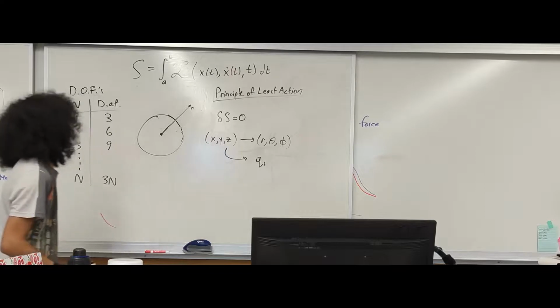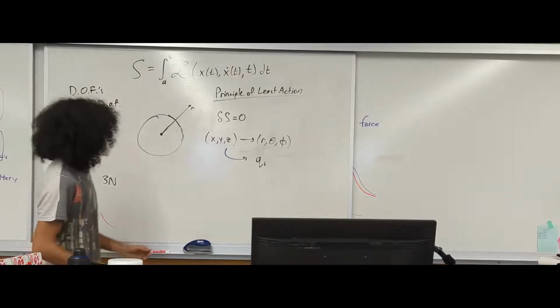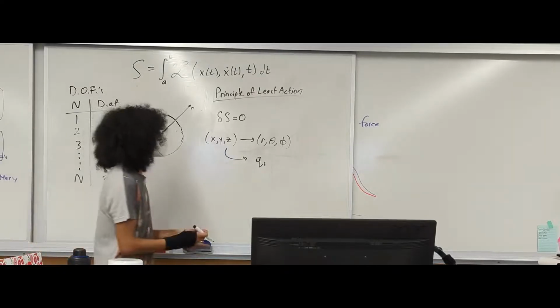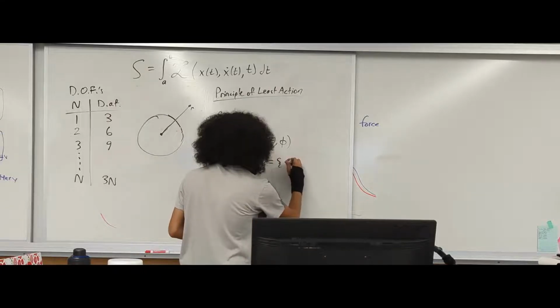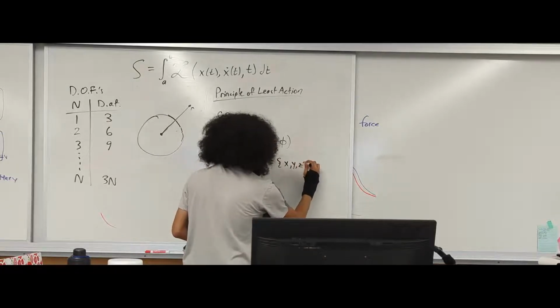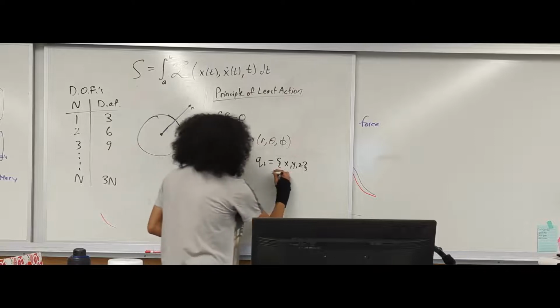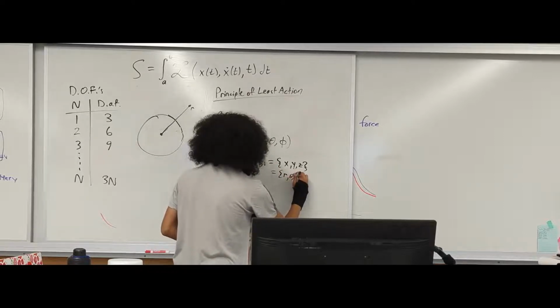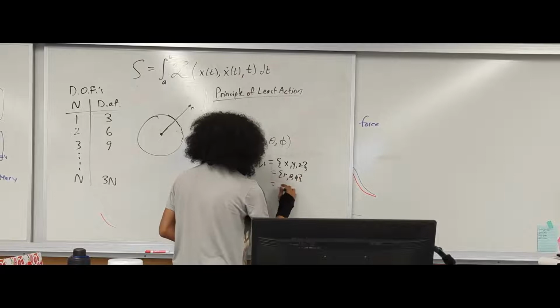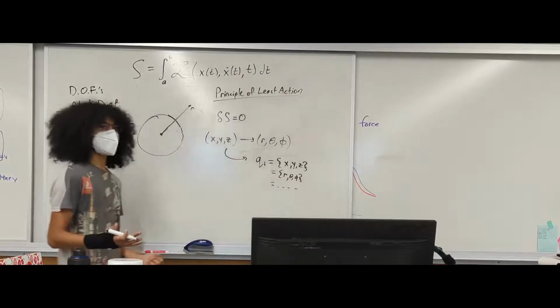Okay? So in a normal situation, these q_i's could be just x, y, z, or they could be r, theta, phi, or they could be something more complicated, potentially.